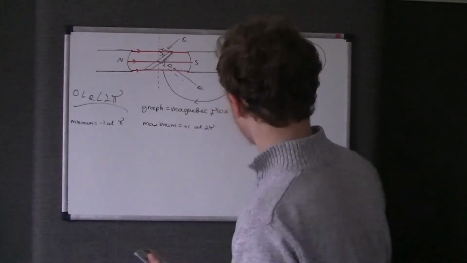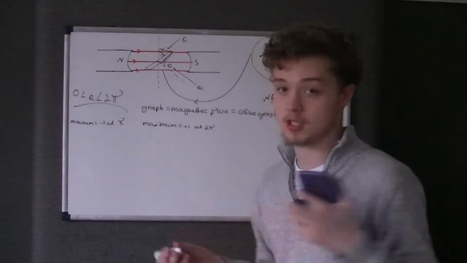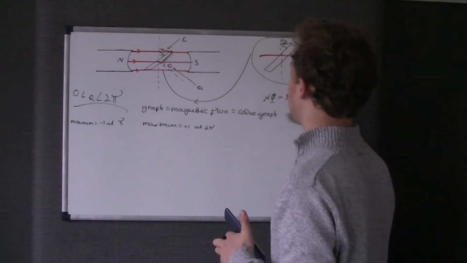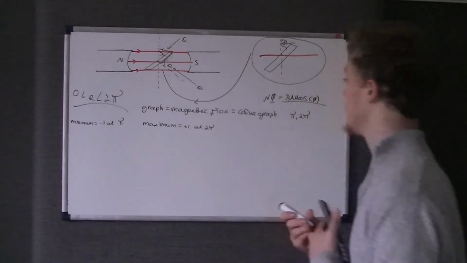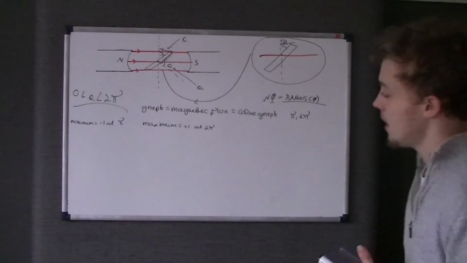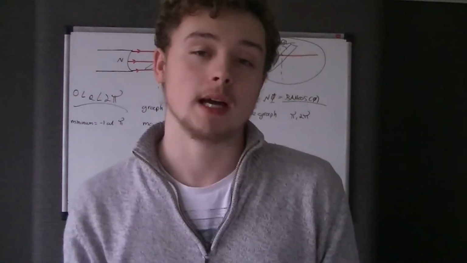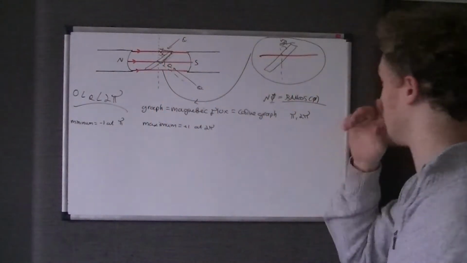If you remember back when we were talking about magnetic flux in the first video, we said NΦ, which is the total magnetic flux, is equal to BAN cos theta. And this is explaining why we have that cos theta attached. I didn't explain it too well in the first video, but the cos theta is essentially how this is being put into its horizontal and vertical components.